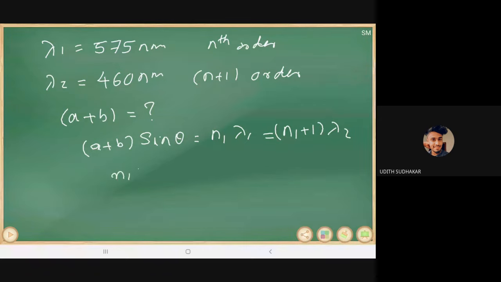Lambda 1 and lambda 2 are given. No, we can do it like this.